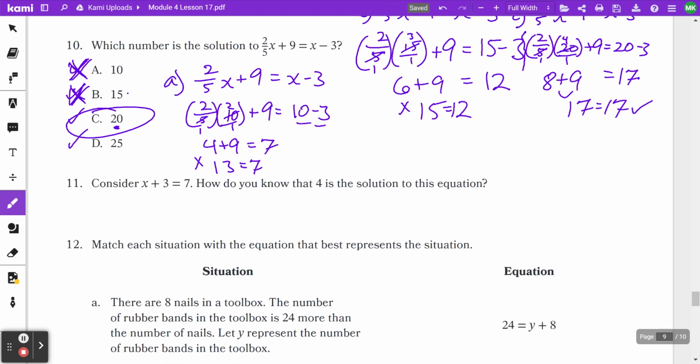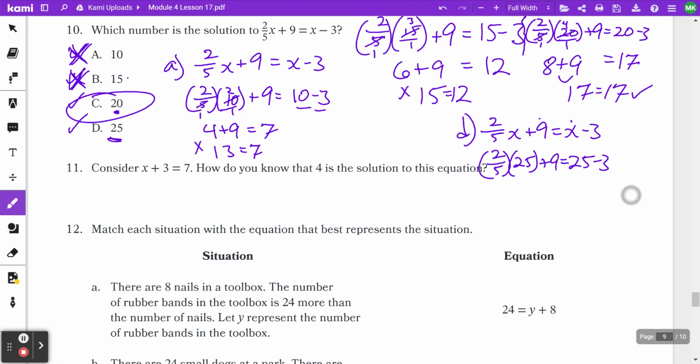Should I keep going just to make sure? Why not? 2/5 x plus the 9 equals x minus 3. And this is part D, by the way. x is 25. So 2/5 times 25 plus the 9 equals 25 minus 3.